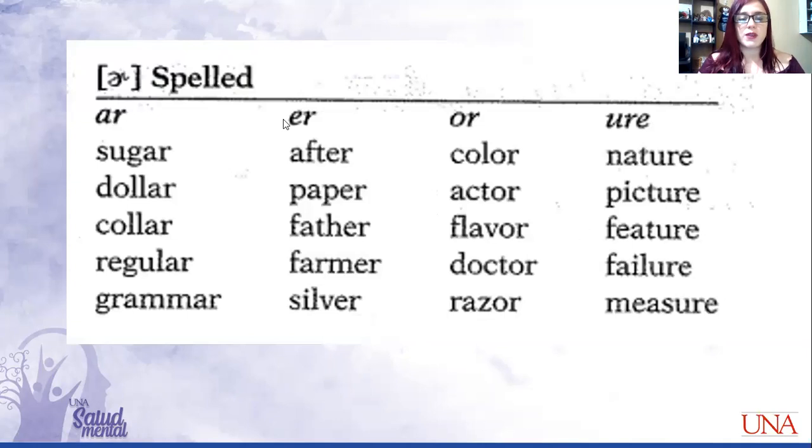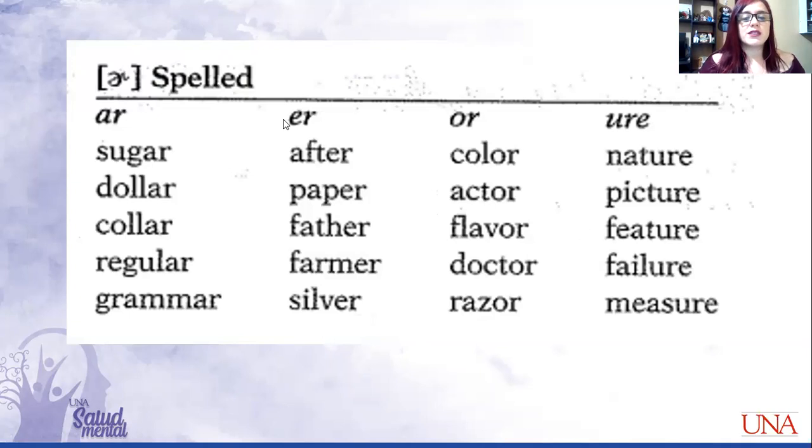So we have some of the most common spelling patterns for this one. Basically, we have it in the letters A-R, E-R, O-R, or U-R-E. But remember that is only for unstressed syllables, okay?